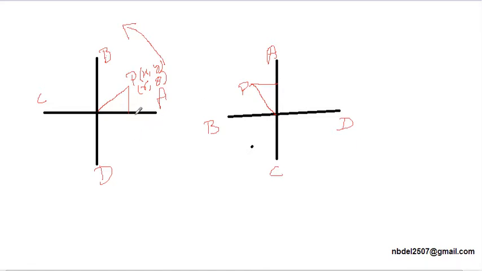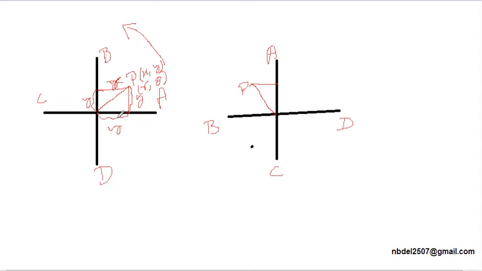So ultimately, in this triangle, this part is y, and this is x. For the 90 degree triangle, this part is y, and this part is x.